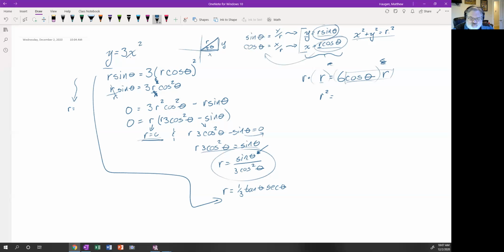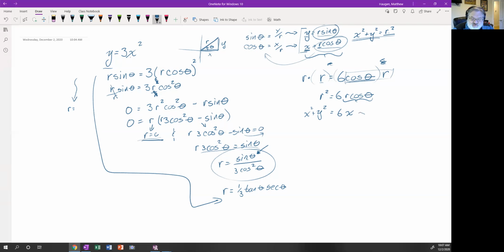Extra r's don't really cause as much trouble as lone trig functions. So as soon as we have that r cosine theta, we can replace that with x, because that's the definition. And our r squared, we could replace with x squared plus y squared. And we have an equation in Cartesian.